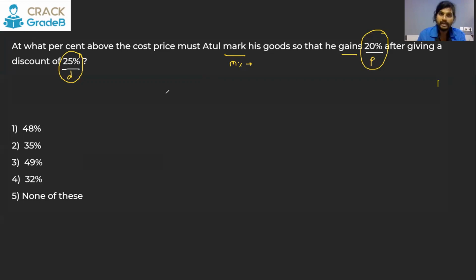So the formula that we just saw was profit is equal to markup minus discount minus markup into discount upon 100. Profit is 20. Markup we have to calculate, m. Discount is 25, minus m into 25 upon 100. This 25 fours are 100. 25 goes that side, makes it 45.